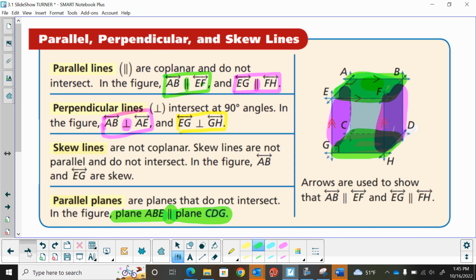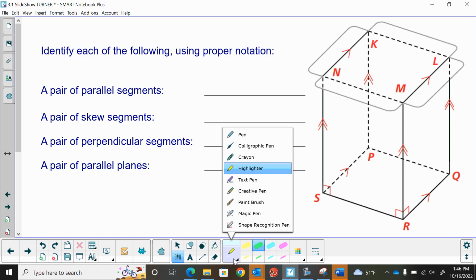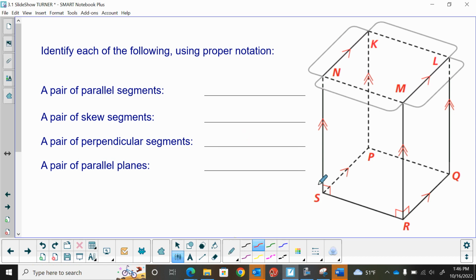All right. So let's take a look at a fresh example here, and let's practice naming a pair of parallel segments. So take a second and think if you can pick out a pair of parallel segments. So you're looking for matching up with the arrows, okay, two lines that are never going to intersect.